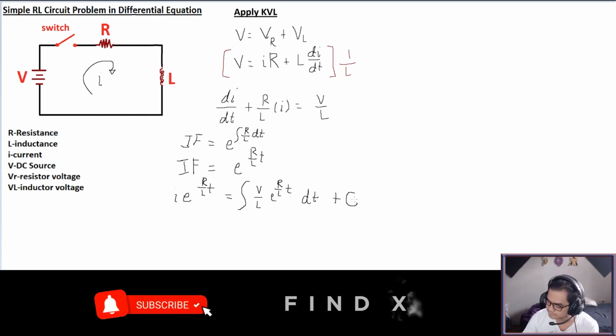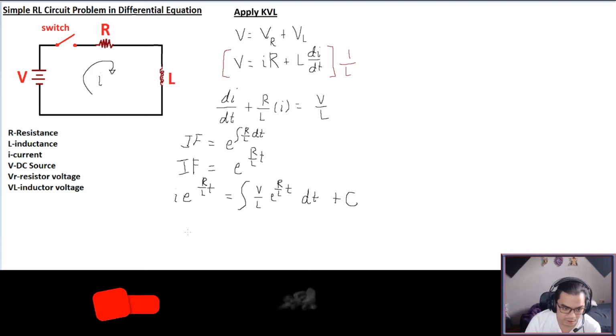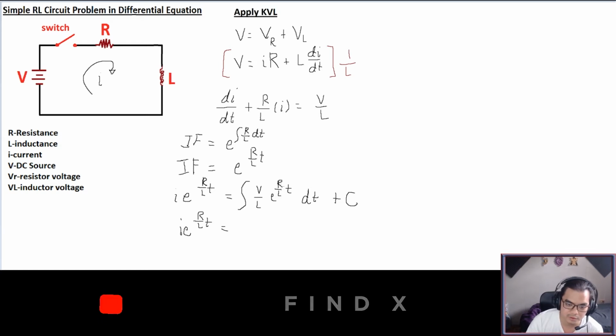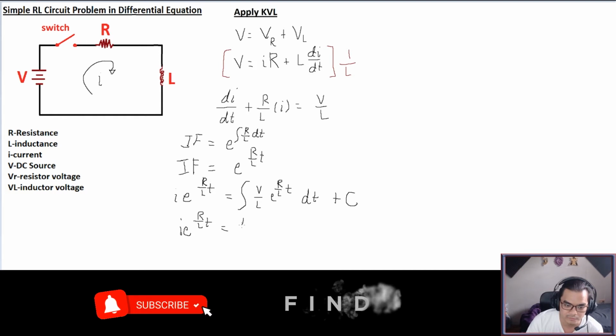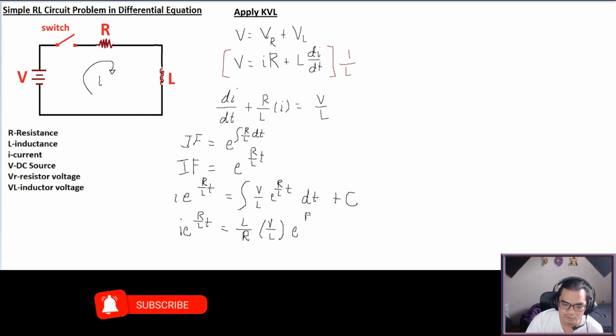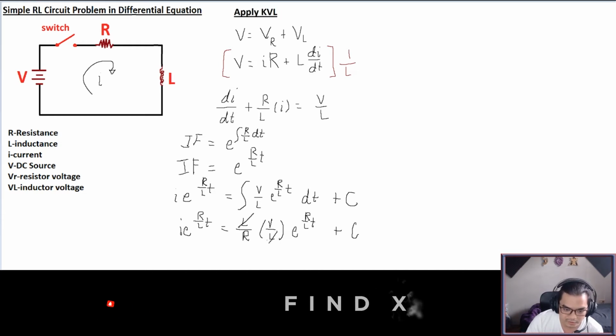Now, to perform the integral, the left side is still the same, I e raised to R over L t, equal to the integral of this one, where you multiply by the reciprocal of R over L. You'll have L over R times V over L times e raised to R over L t plus C. Let's simplify. L will be cancelled.